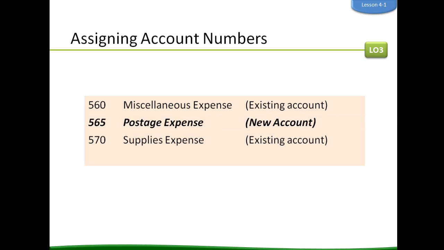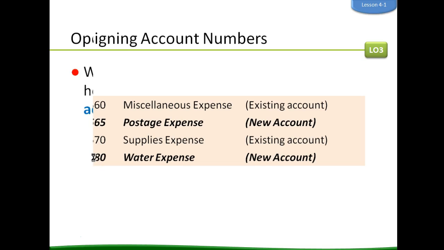And we have all that nice space in there so that if we decide we need to now have a postage expense for when we mail things, we could go ahead and easily enter in a new account number, and it fits right between in alphabetical order between our miscellaneous and our supplies, and now we have room to go ahead and insert that new account. Again, water expense, you can see that we're going to be bumping up in the alphabet, so that's where we would jump up by 10.